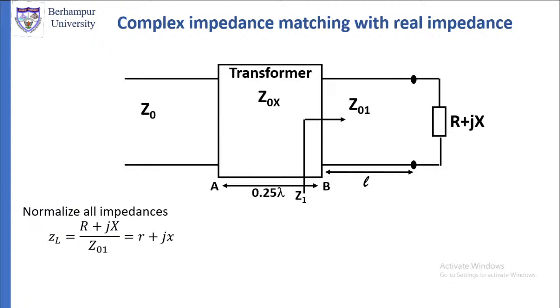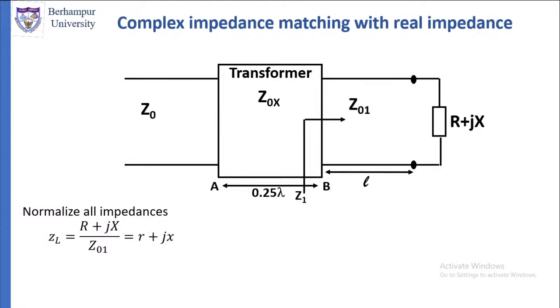To do that, we require the help of a Smith chart. We can do this, and once we use a Smith chart, you will know how. As we discussed, when using the Smith chart we are always dealing with normalized impedances. So let us first normalize the impedance R plus jX, which is ZL.